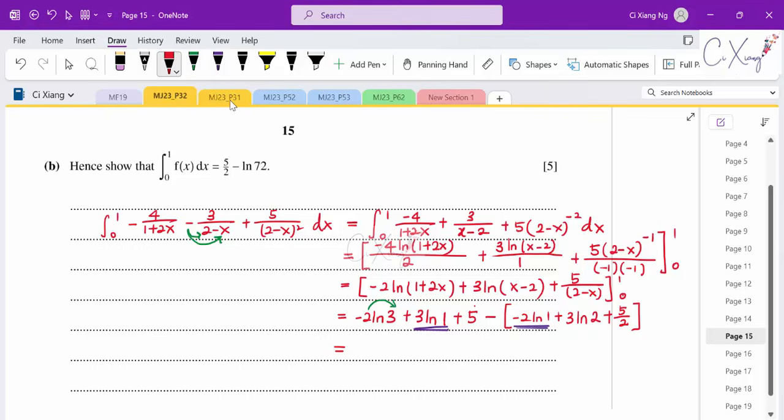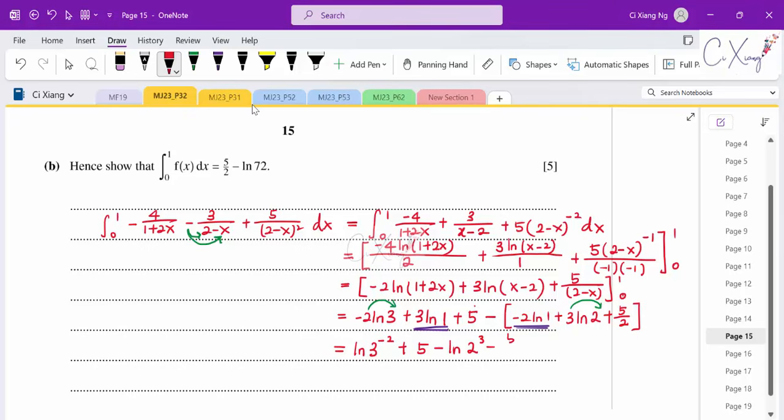Therefore, for this question, I'm having ln 3 power negative 2. 3 ln 1 is a 0, then plus 5. 2 ln 1 is a 0 as well. Then again, I have minus. Now the 3, I bring it over, going back. So I'm having 2 power 3.